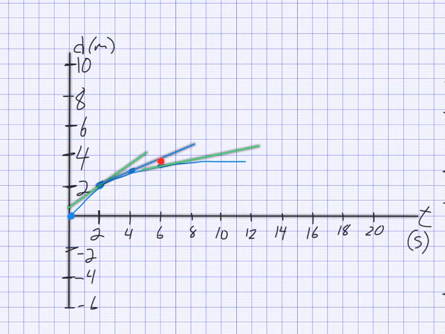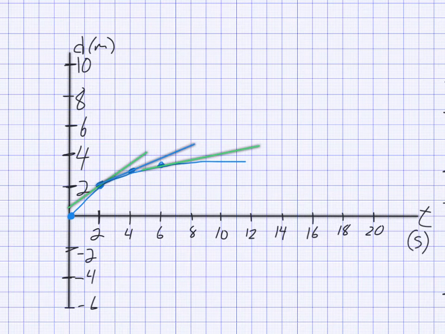That means the velocity is going downward. It still has an acceleration. The velocity is still not constant. It's changing, in fact, and it's going to be decreasing, because the tangent line at any given point has less and less slope. So less and less velocity.